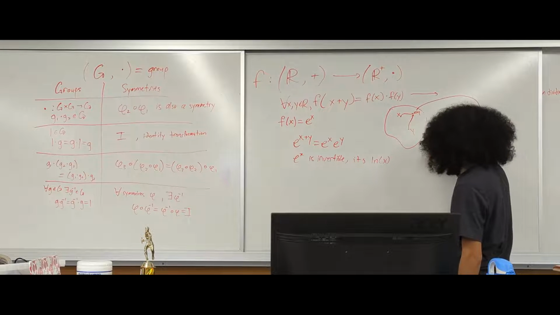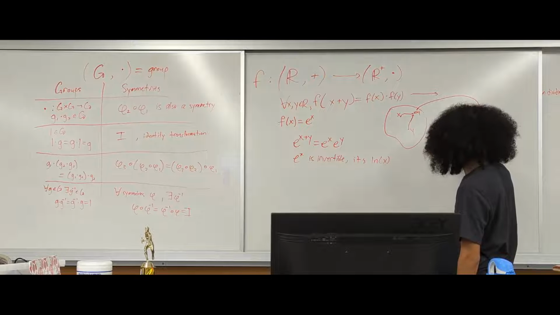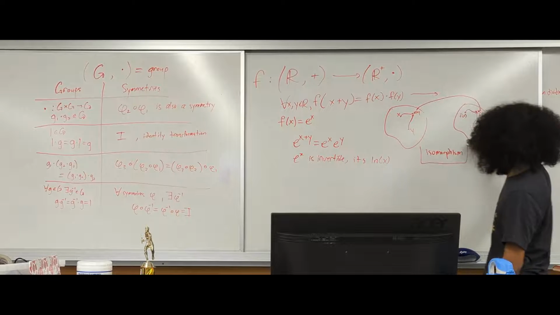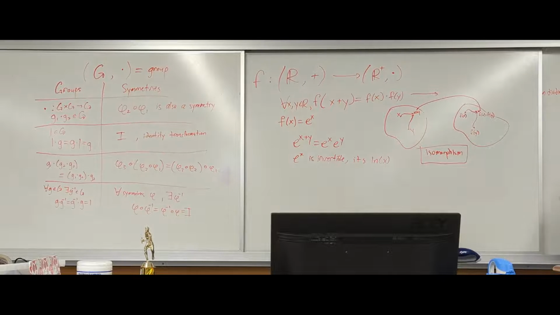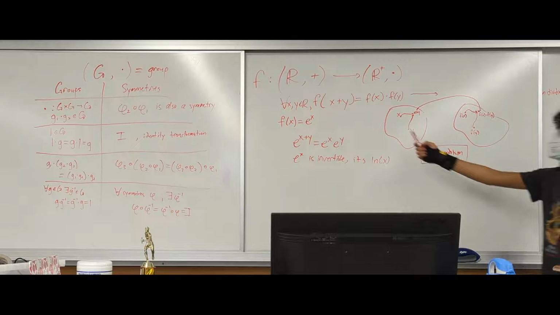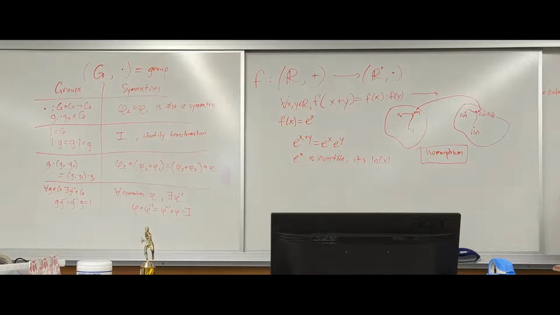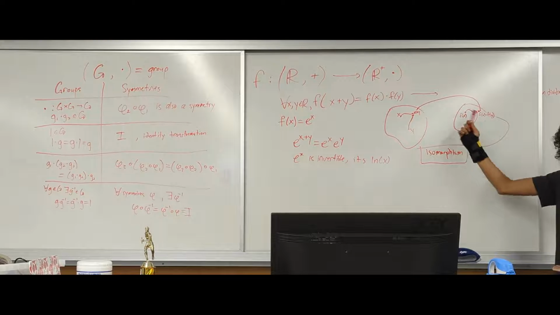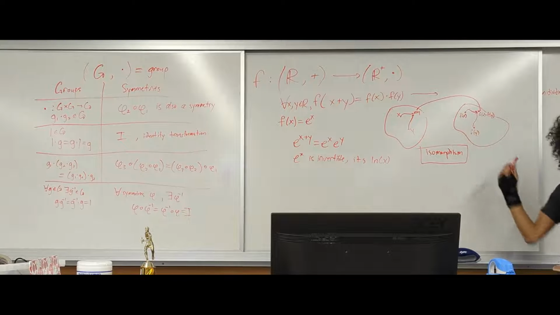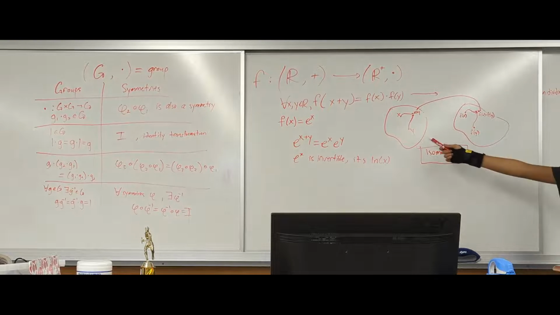This kind of function is called an isomorphism. So these two groups are not literally equivalent, but they're equivalent in their group structure. And that's what we care about. The labelings, the symbols we give to the elements and the operation, are not important. The actual details of what they do are.